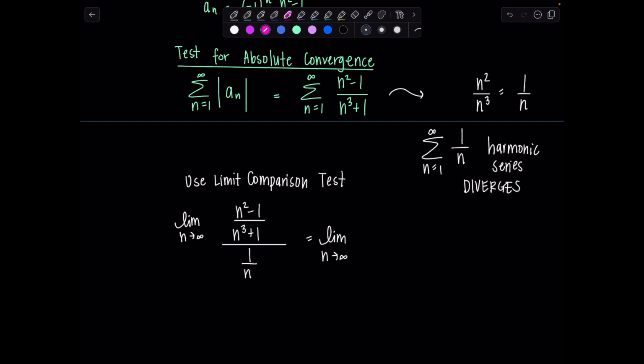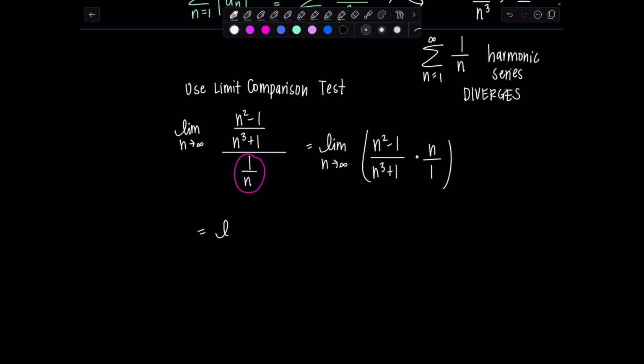This 1 over n that I'm dividing by is the same as multiplying by n over 1. So now I have n squared minus 1 over n cubed plus 1 times n over 1. We've got this limit. Then let's simplify a little bit. This is limit, n goes to infinity, n cubed minus n over n cubed plus 1.